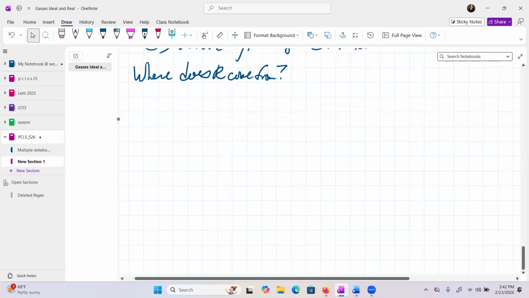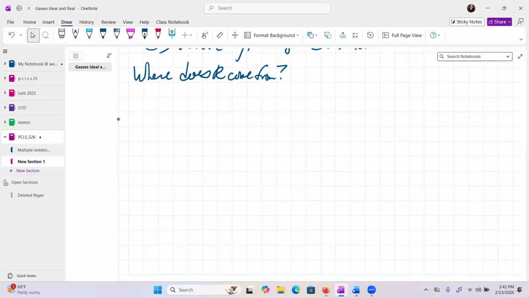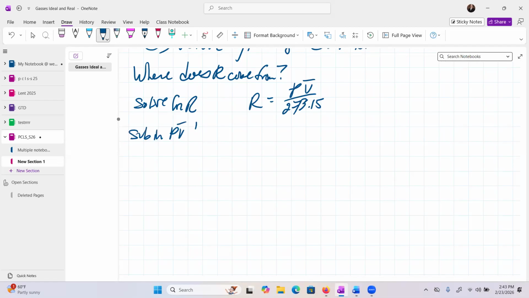So what I'm going to do now is go from the equation from above, and I'm just going to solve for R instead. So I'm just rearranging. R equals PV bar over T, and I'm going to have the temperature in here at 273.15, which is our triple point. And now we're going to sub in PV bar from the graph. R equals 22.414 liter atmosphere per mole.